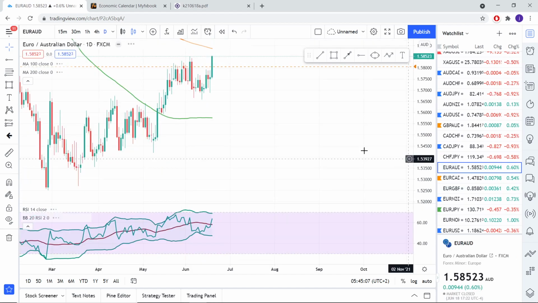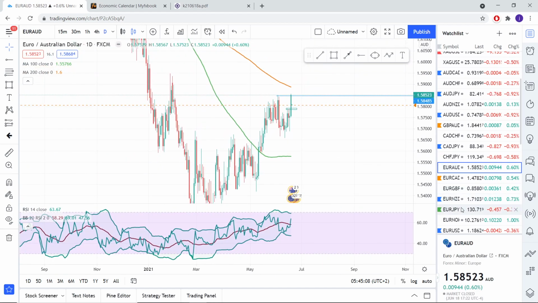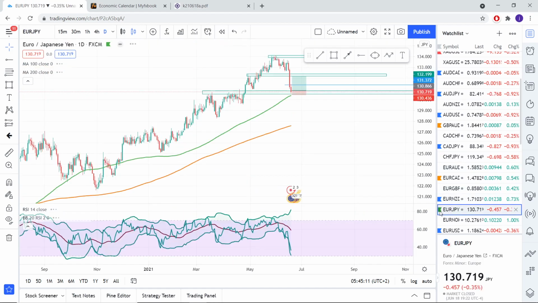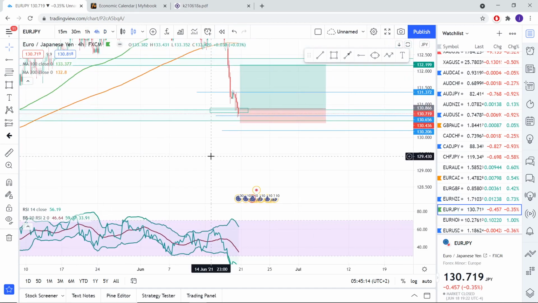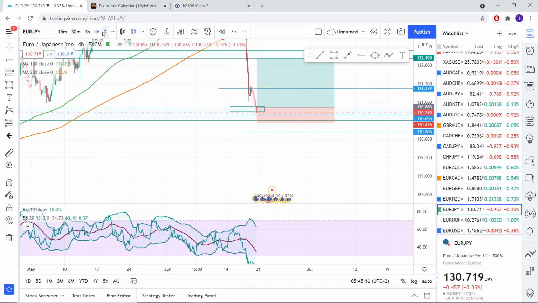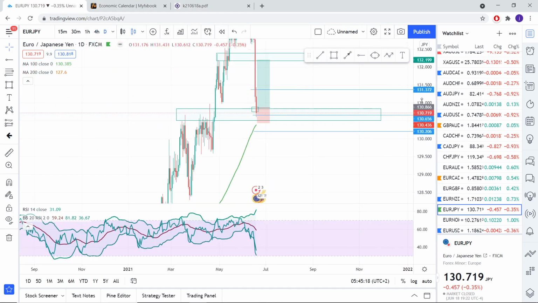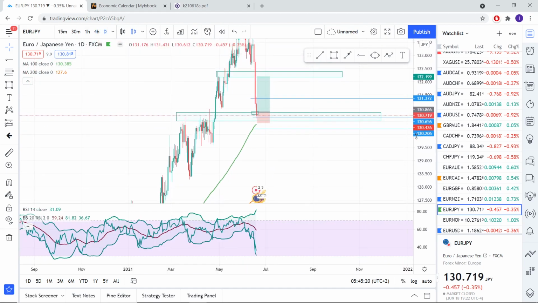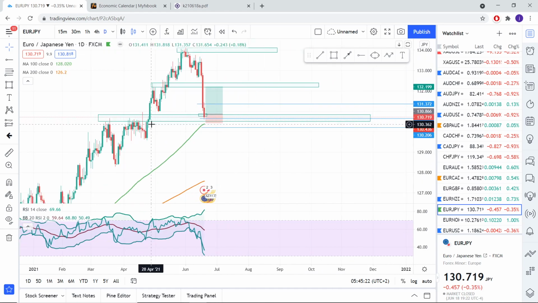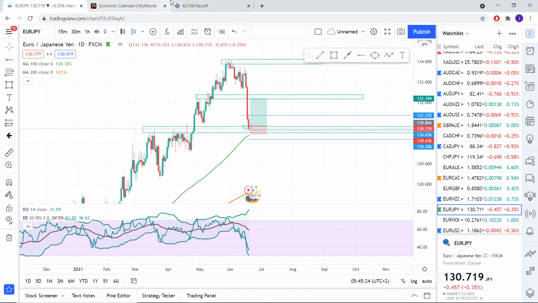One of the pairs that I'm actually watching right now is Euro JPY, and it's a pair that I'm actually in as well. Same story as the other JPY pairs and the CAD JPY. It came into this daily support level.